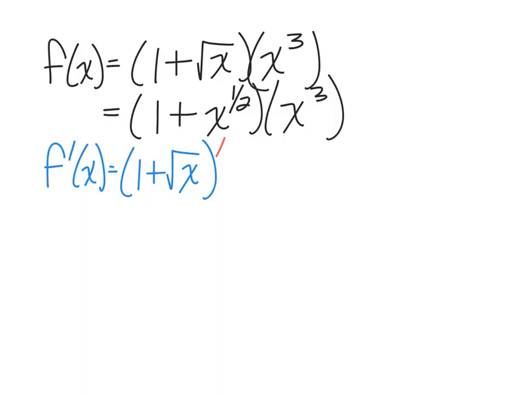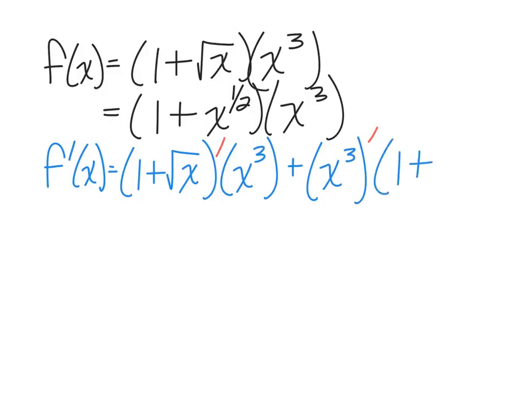So we're just outlining the product rule here without actually doing the differentiating. So the derivative of the first times the second plus, now we're going to take the second function and take the derivative of that times the derivative there.